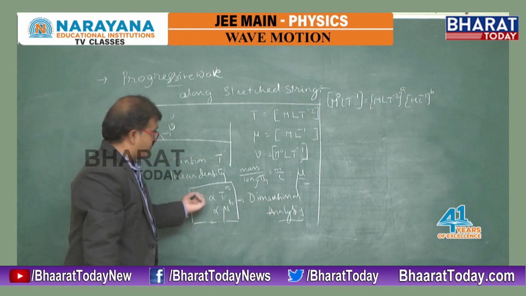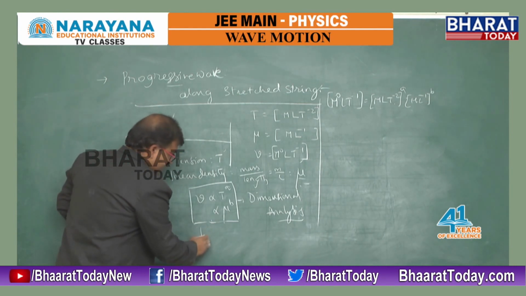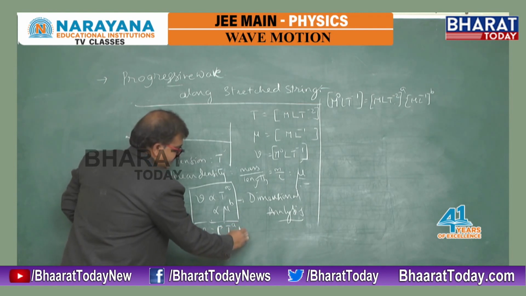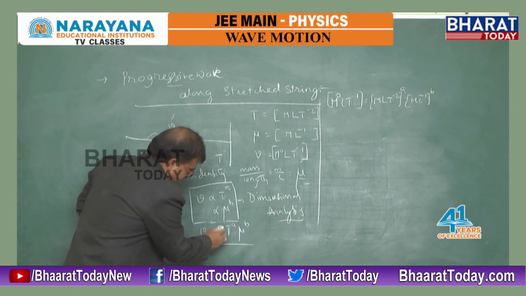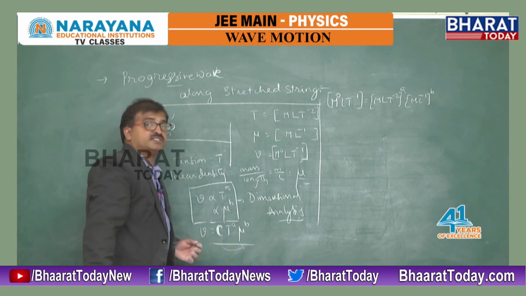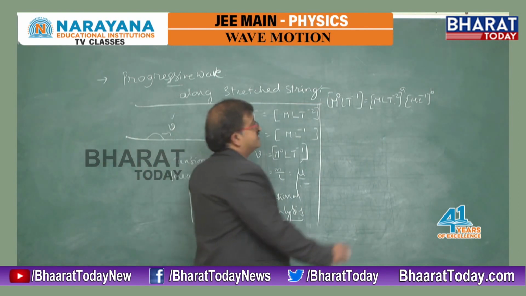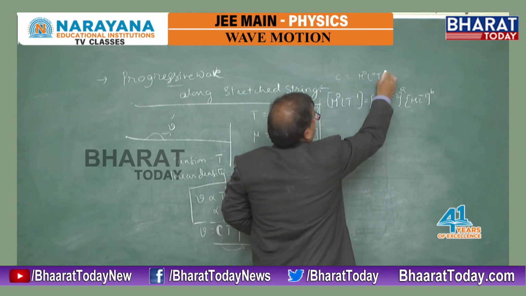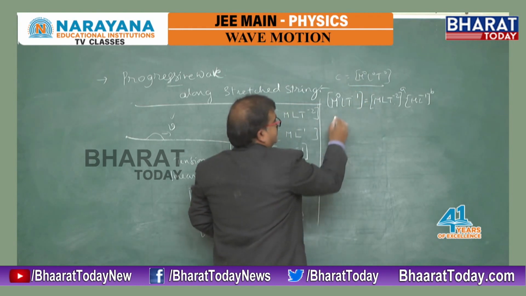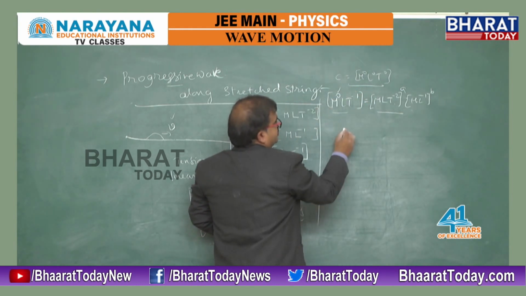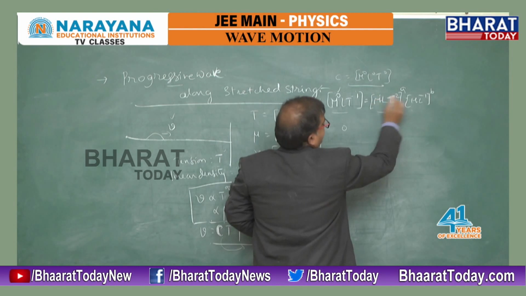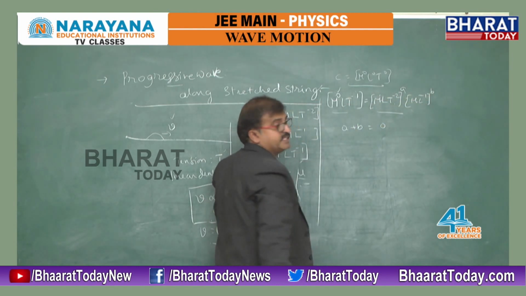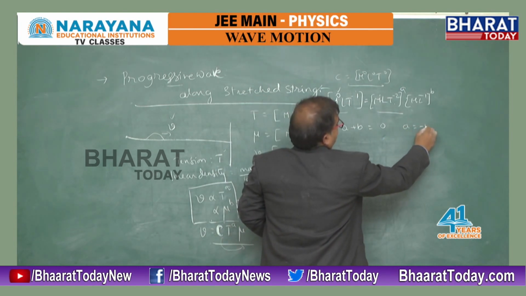So here we got proportionality, in the sense that v equals some constant c times T power a mu power b. This c is a dimensionless constant; I didn't include its dimensional formula. On comparison, the powers of M are 0 and a plus b, so a plus b equals 0, so a equals minus b.